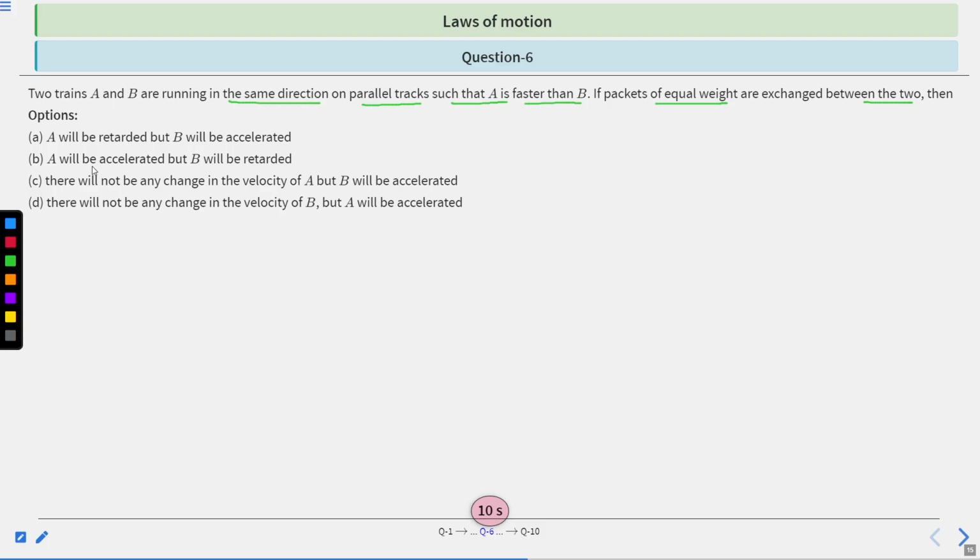Second option, A will be accelerated but B will be retarded. Third option, there will not be any change in the velocity of A but B will be accelerated. And D option, there will not be any change in the velocity of B but A will be accelerated. Which one is correct? You have 10 seconds to solve this question. After that, we will provide a solution.